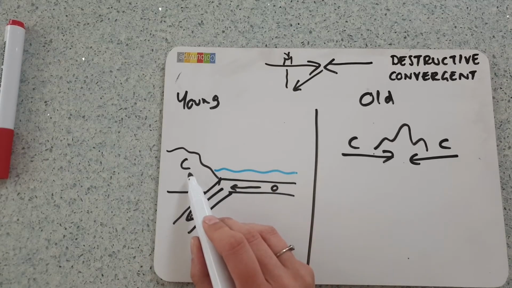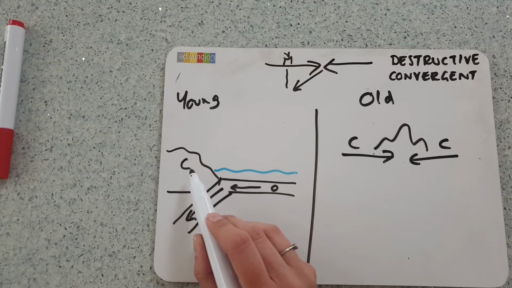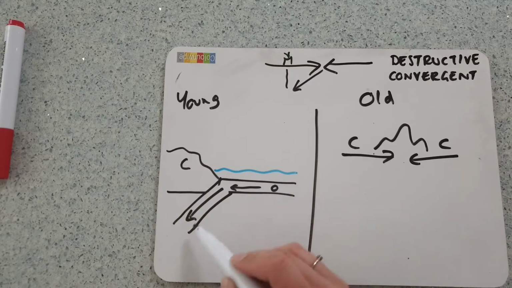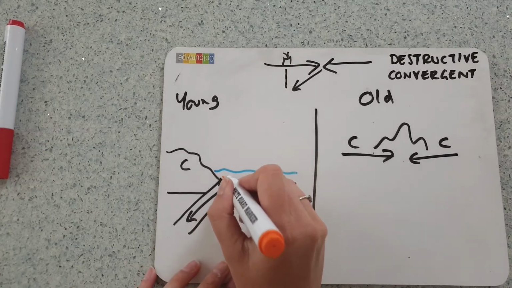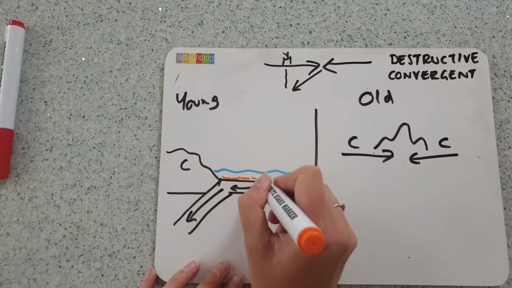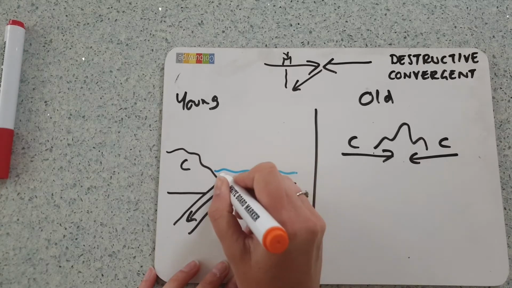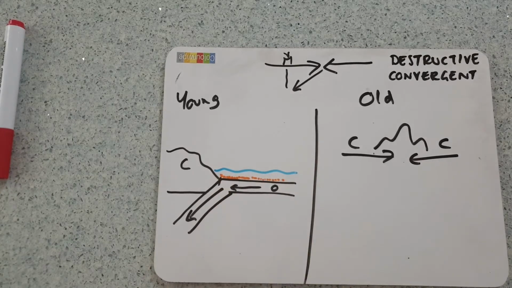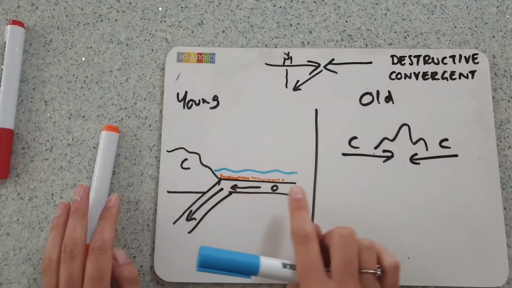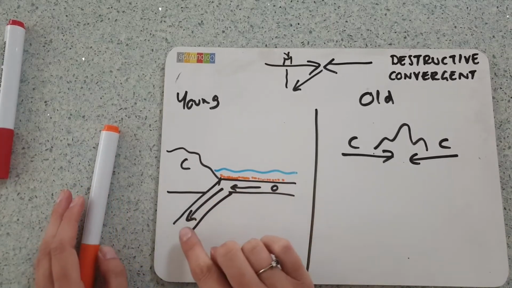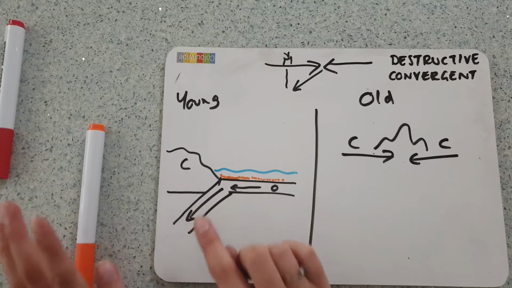So your continental crust is always going to be the one that's more buoyant and doesn't go anywhere. But when this happens, if you imagine along the bottom of the sea, you've got loads and loads of material, sedimentary materials, bits of sand, bits of dead fish and crustaceans and shells and all sorts of other stuff. And that loose material won't go down with the solid rock. It won't be subducted, so something happens to it.